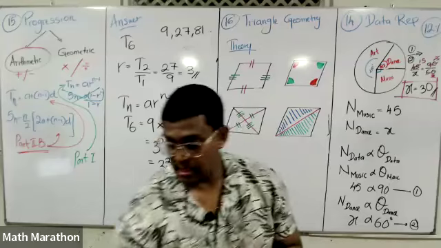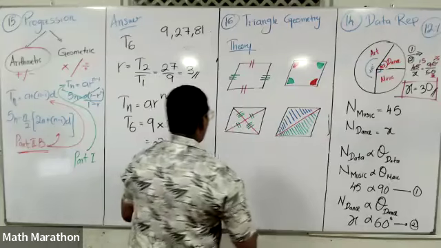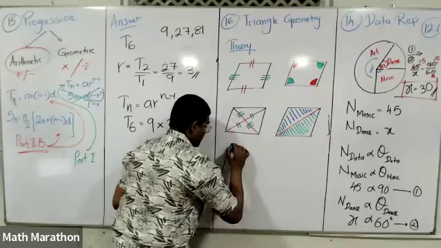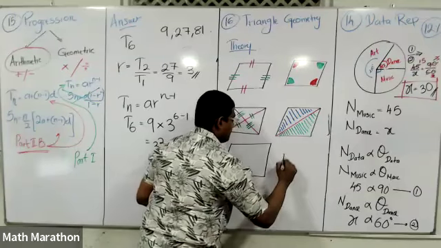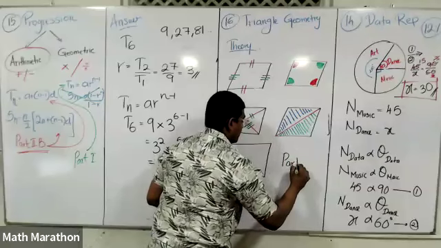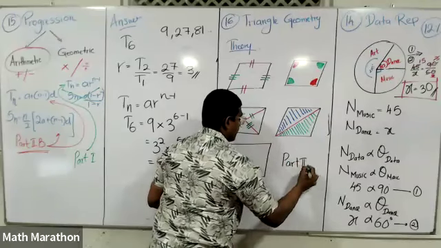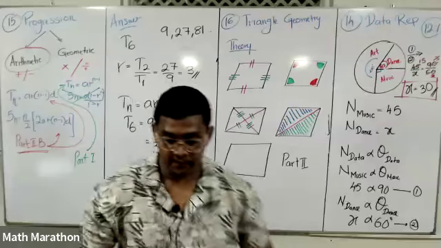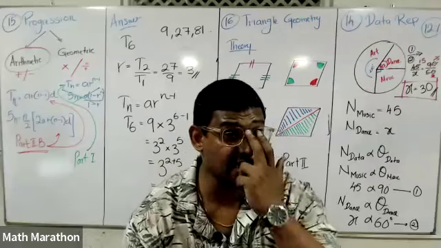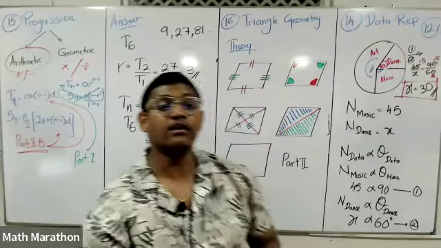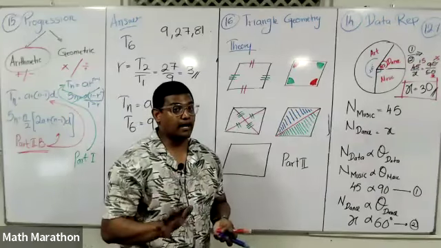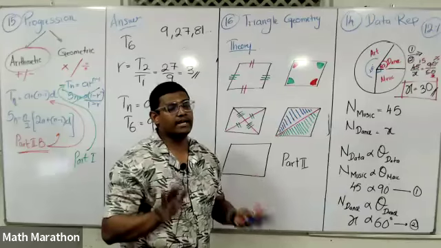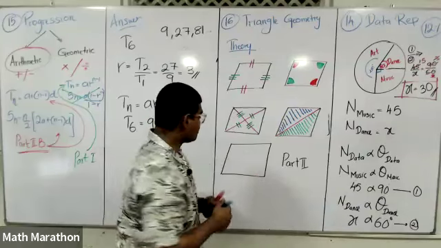Apart from this, we have another important one. This is very important when you are solving the part 2 question of triangle geometry. Why? Whenever they ask you to prove a quadrilateral is a parallelogram, you definitely have to use this. What is it?